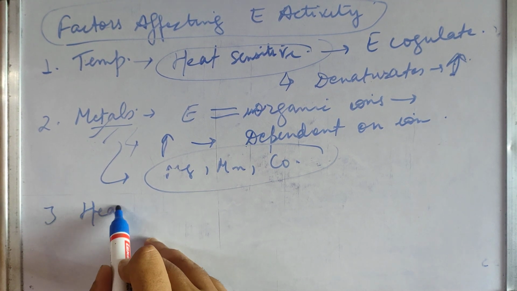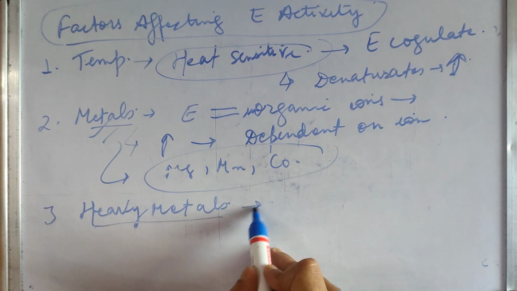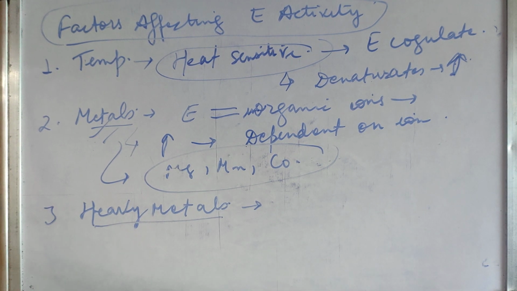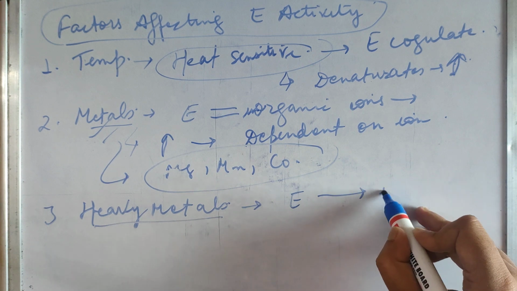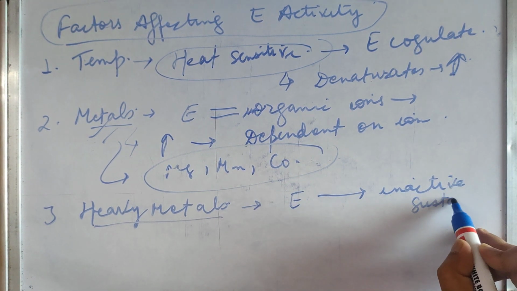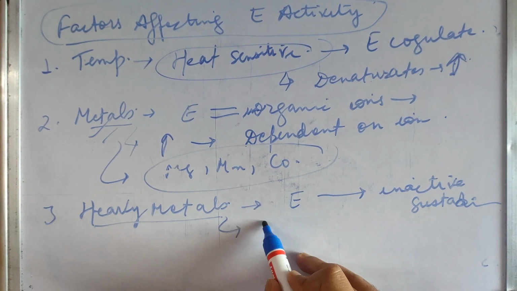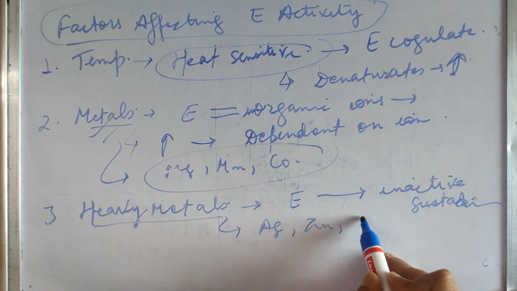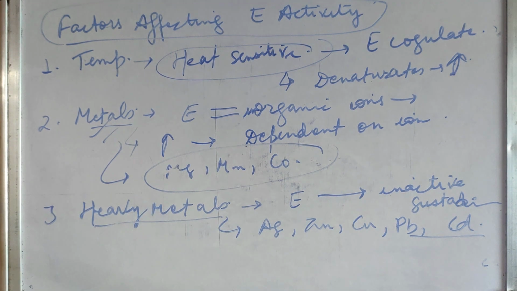Third, it is heavy metals. Heavy metals convert enzymes into inactive substances. For example, heavy metals such as Ag, Zn, Cu, Pb, Cd, etc. convert enzymes into inactive substances.